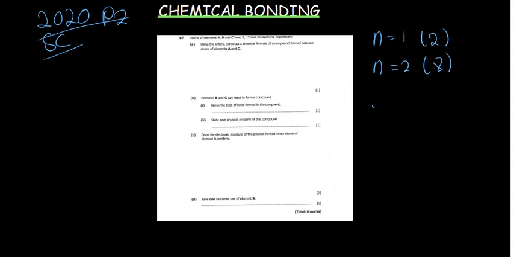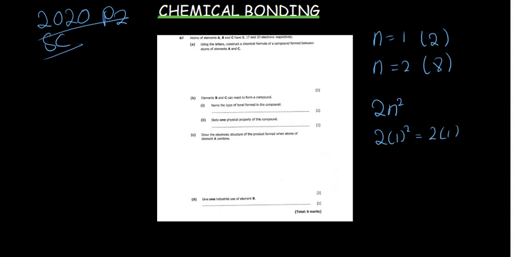That formula is 2n to the power 2, that is 2n². For the first shell, the value of n is 1. 1 squared is 1, multiplied by 2 gives us 2.